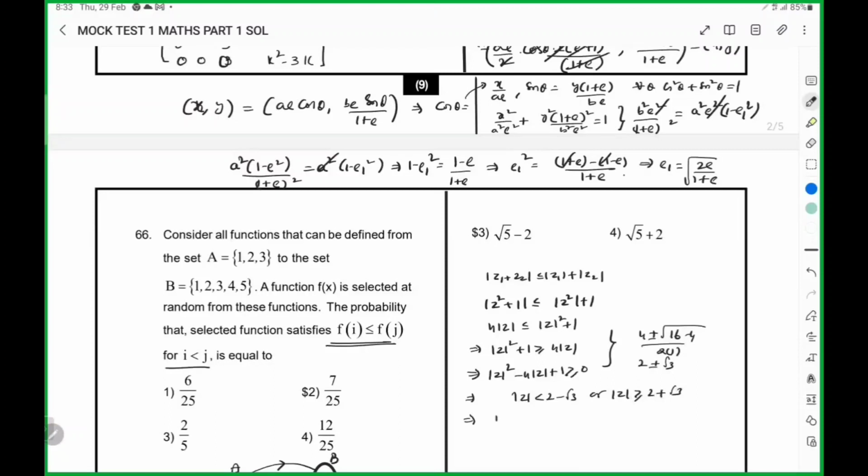So mod z cannot be negative. So 0 to 2 minus root 3, or mod z is greater than 2 plus root 3 to infinity.